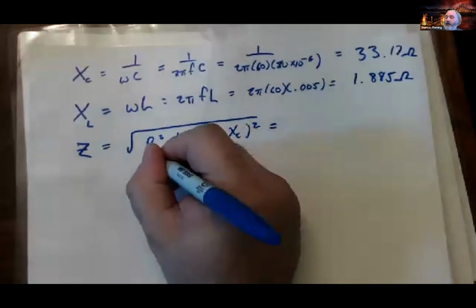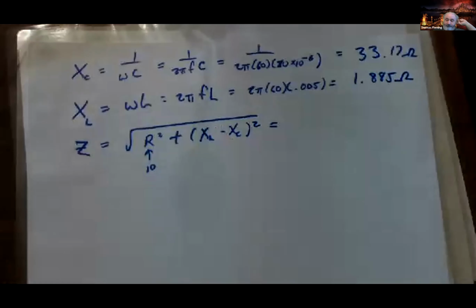So remembering that R is 10, I have 33.17 minus 1.885, which is 31.285. I square that plus 10 squared.